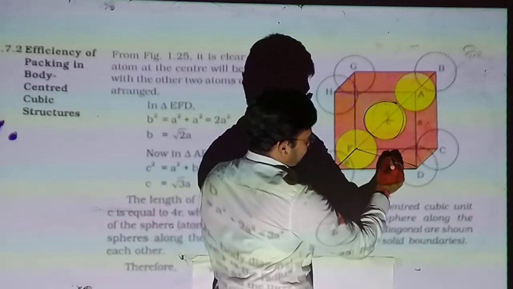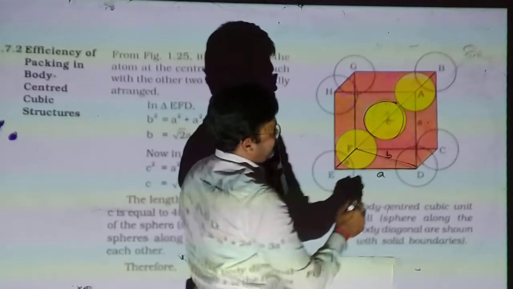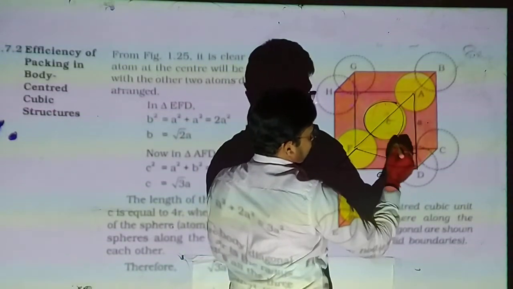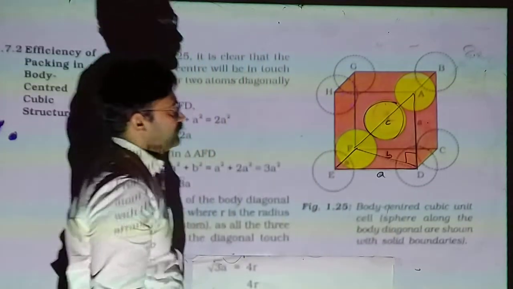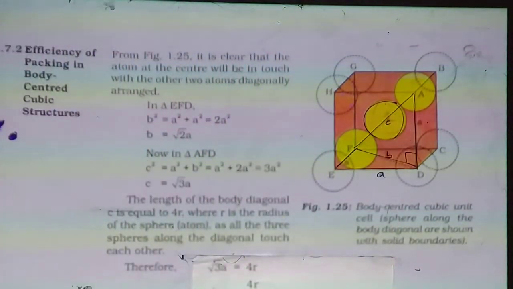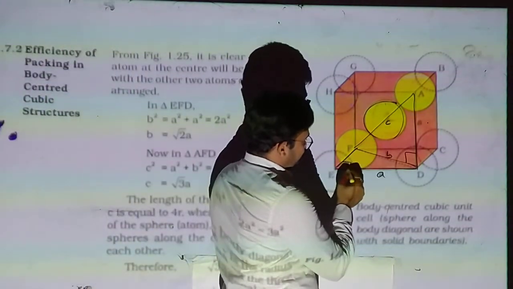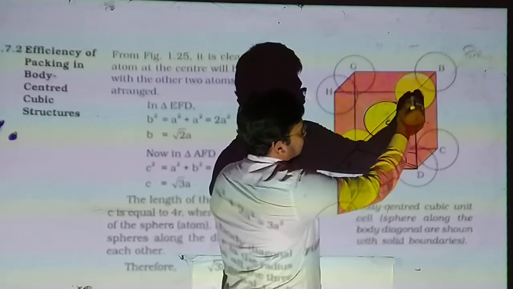So this one is a diagonal B, and for this triangle the diagonal is C. First you can see here 2 diagonals are taken, B and C.